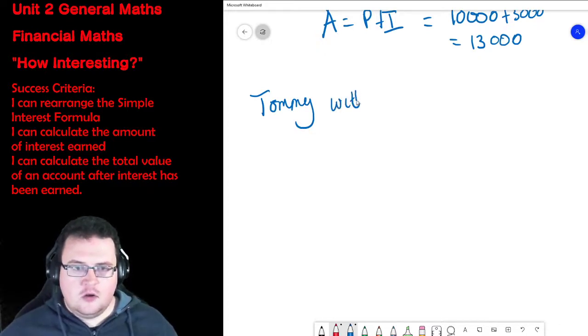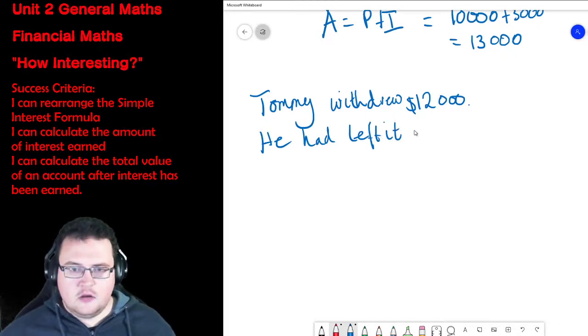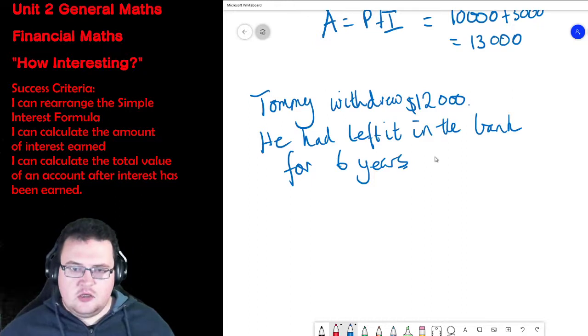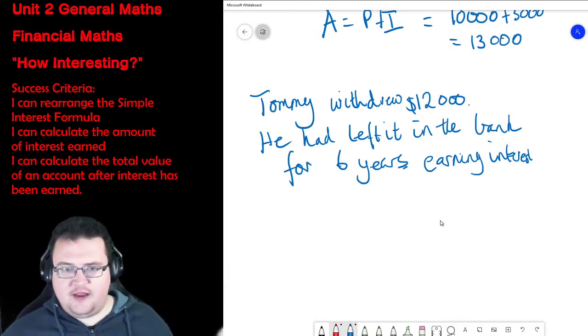Tommy withdrew $12,000. He had left it in the bank for 6 years, earning interest.